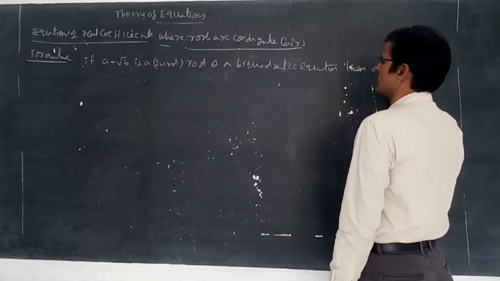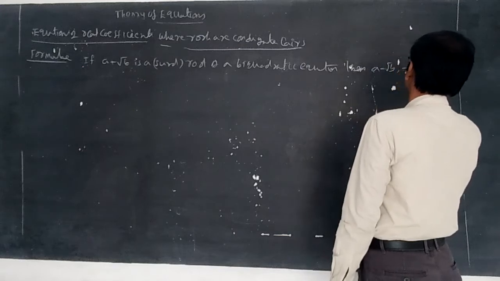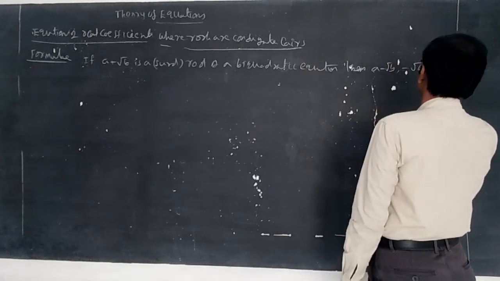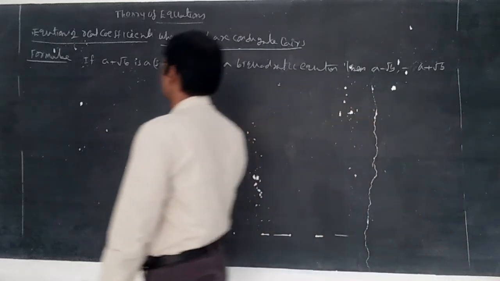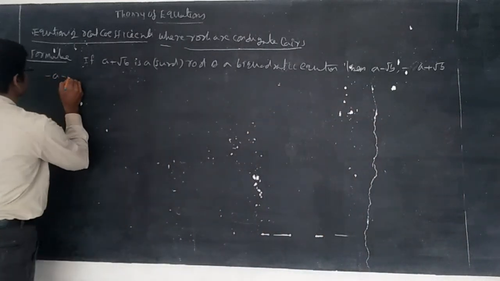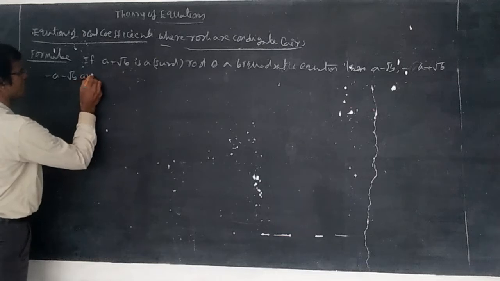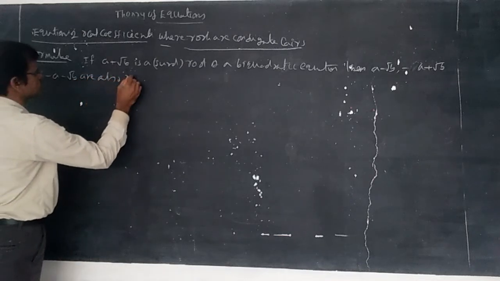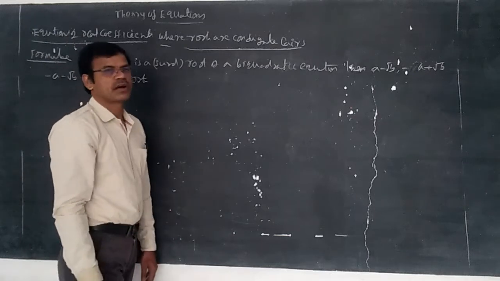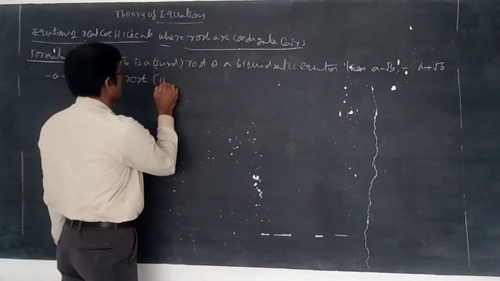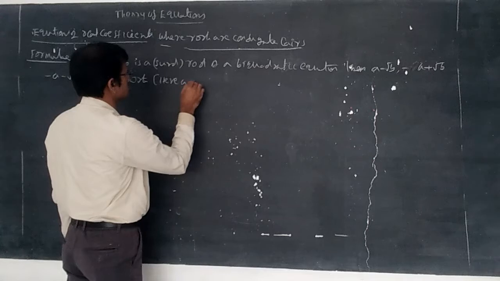Then a minus root b, minus a plus root b, minus a minus root b are also roots. Here a plus root b, a minus root b are conjugate surds.